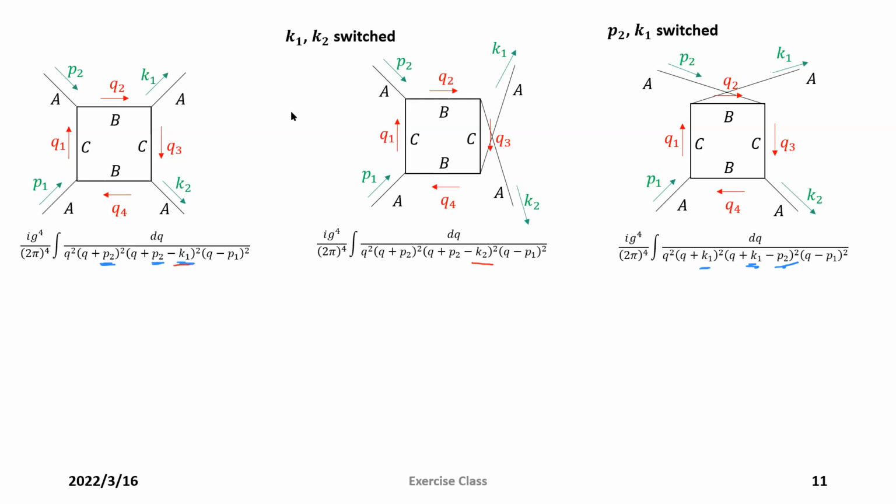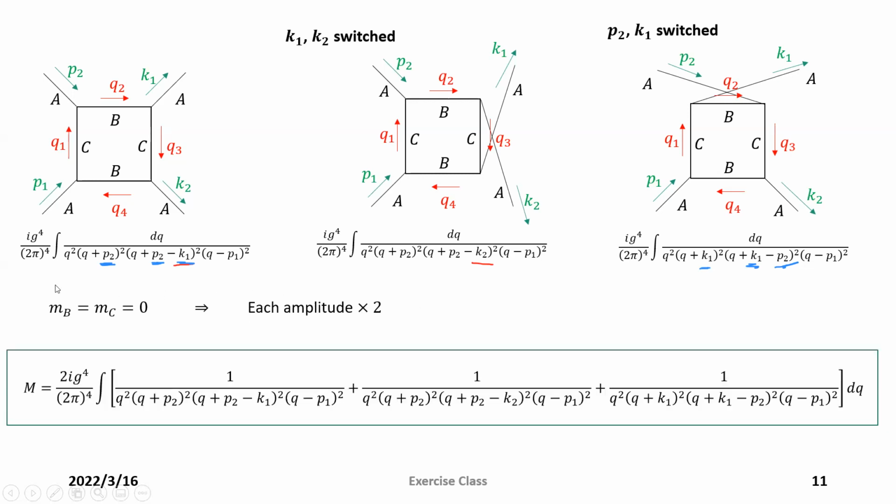And we also have three diagrams, which are exchanging the B and C. But in this question, we assume B and C are massless, so they will have the same propagators, and the amplitude is just the same for these three diagrams. So we just have to multiply each amplitude by 2.